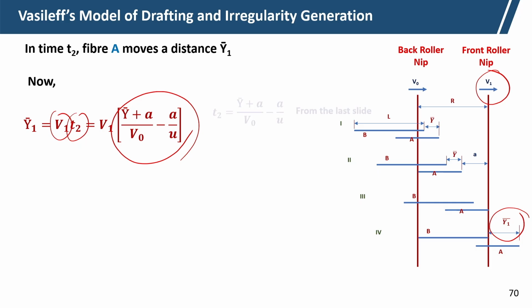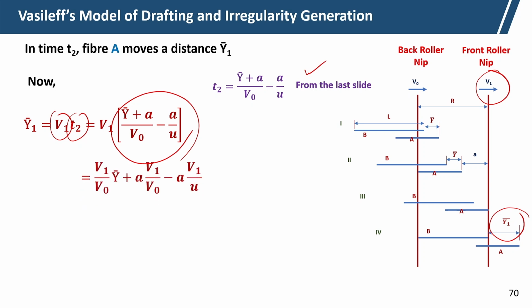Now, t2 we have got from the last slide. If we multiply, v1 by v0 into y bar, where y bar is the initial distance between the tip of the short fiber and the long fiber, we get y bar multiplied by v1 by v0, minus a multiplied by v1 by u. Now, what is v1 by v0? It is nothing but the draft, the ratio of the speeds.